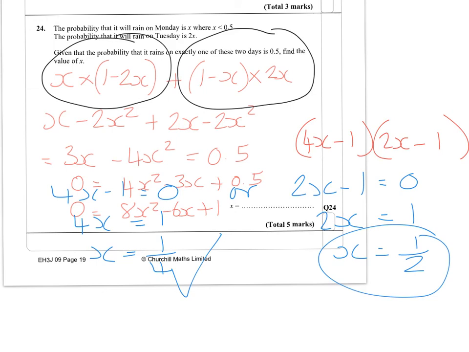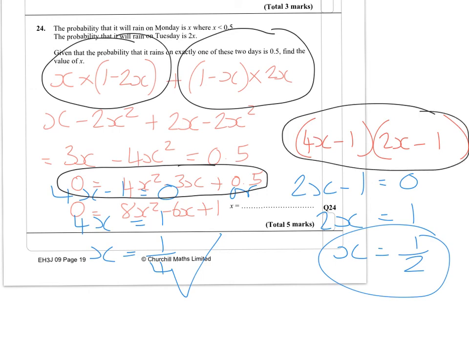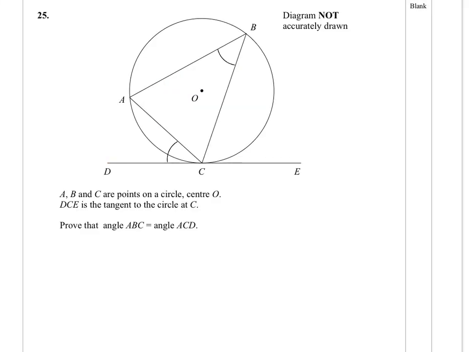You get your 2nd mark for getting to the point where you've expanded the brackets and collected the like terms. If you've got that, or the one where I've doubled every term below it, that gives you your 3rd mark. You get your 4th mark for factorising, and then you get your 5th mark for solving the equation.